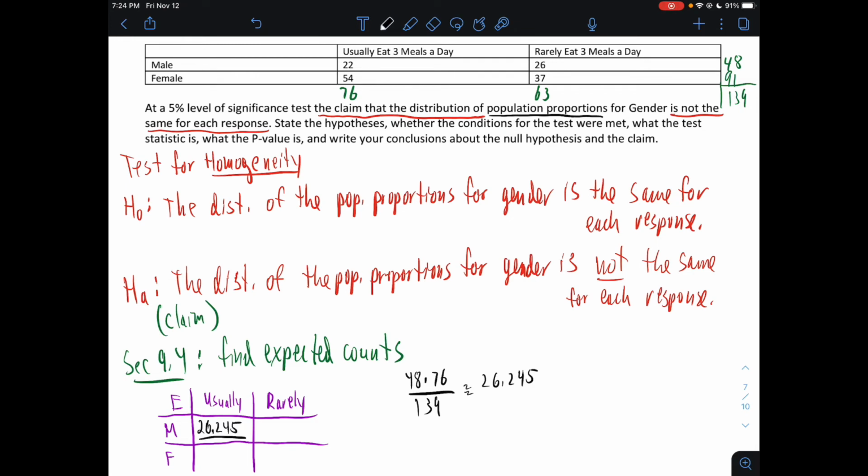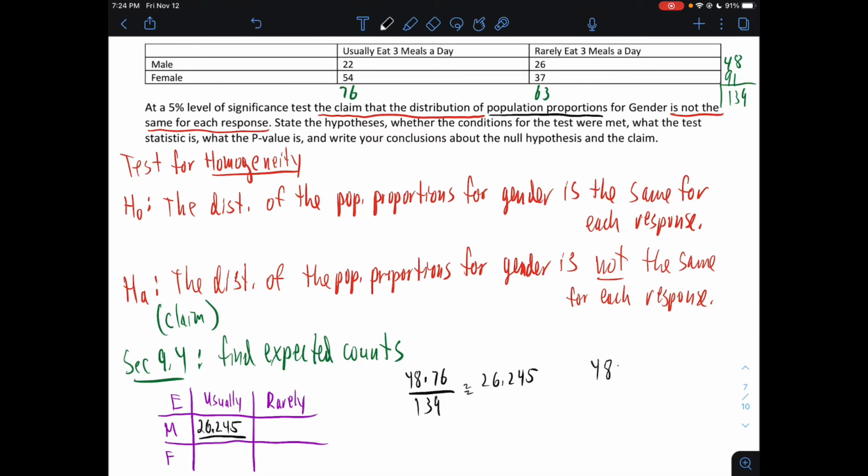Keeping in the same row, I would take the row total of 48, multiply by the column total for rarely eats 3 meals a day, which is 63, and then divide by the grand total, 139. 48 times 63 divided by 139, and that gives me 21.755.